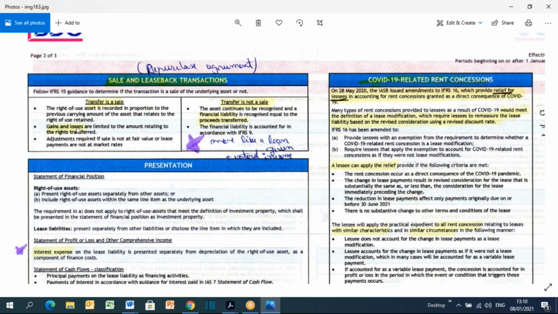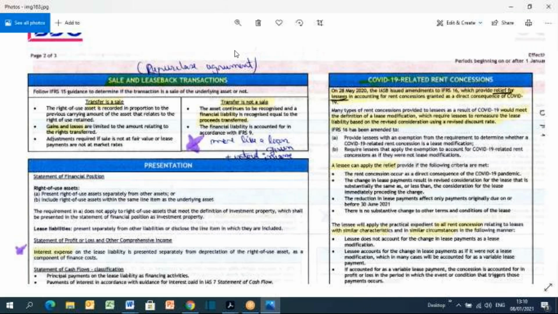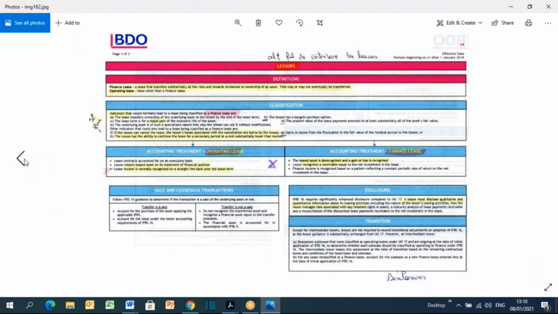And you always have to remember that there is an interest income that should be taken into account. So I've jumped to this bit just to show you that when you get a question about sale and leaseback, do not think that this is about IFRS 15, because this is about IFRS 16.